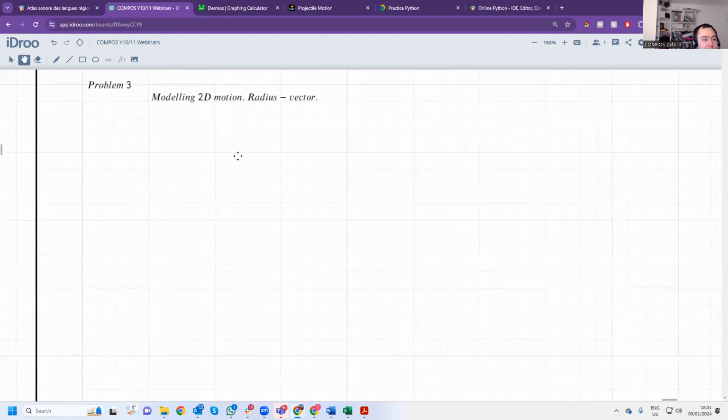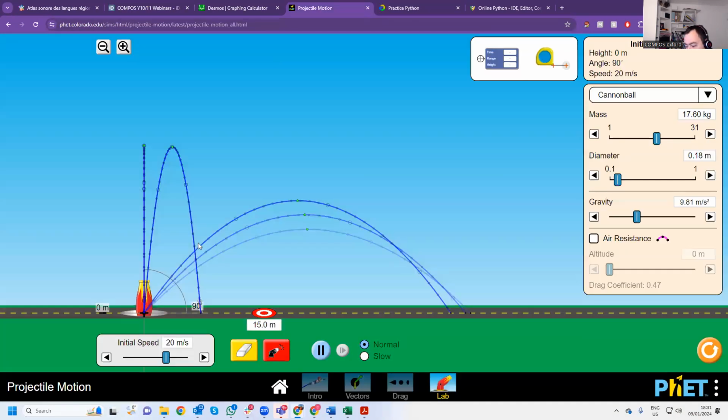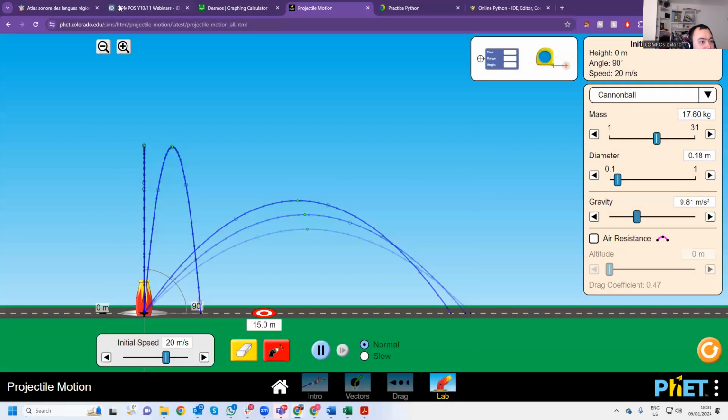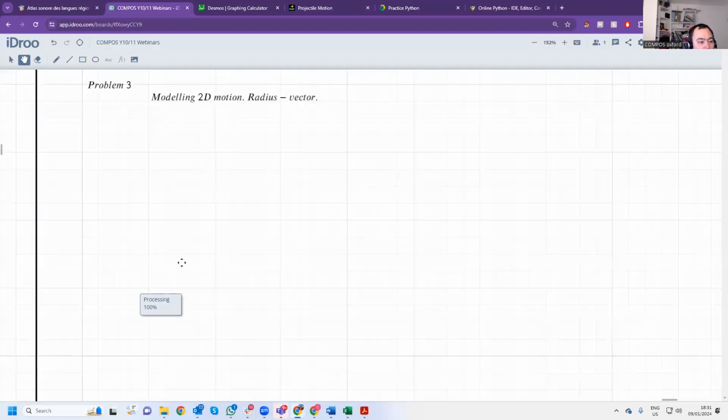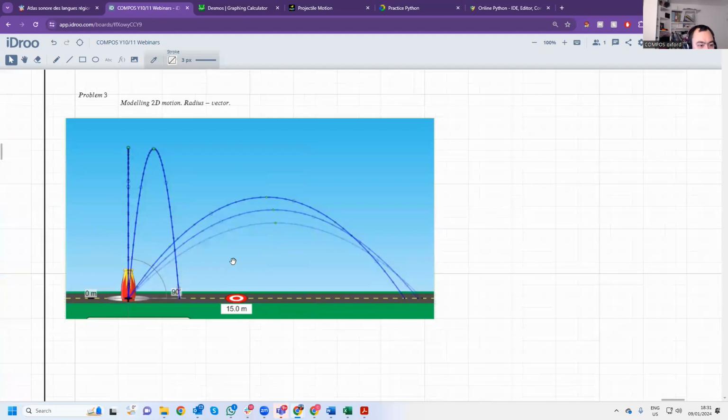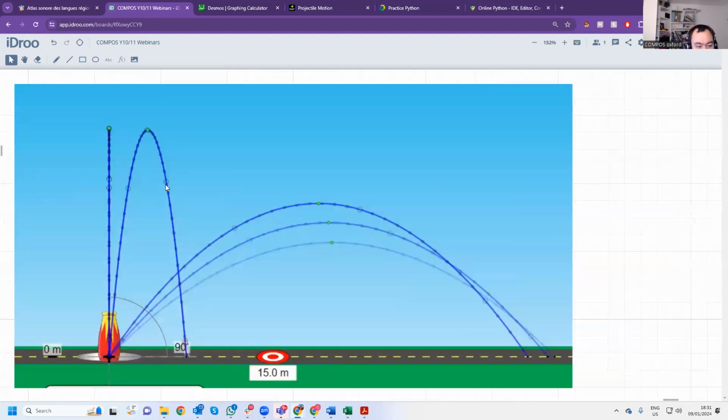Modeling with 2D motion, radius vector. So how can we model this? Well, we need the equation of motion.